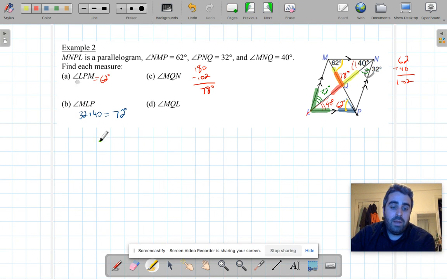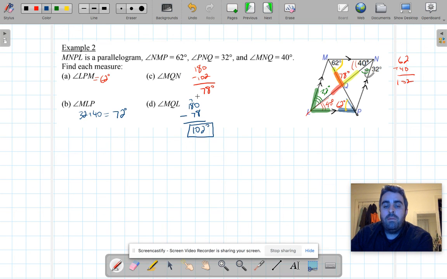And we know that a line is 180 degrees. So I can just say 180 minus 78, right? Which is 102 degrees. So here are all our angle measures in this diagram.